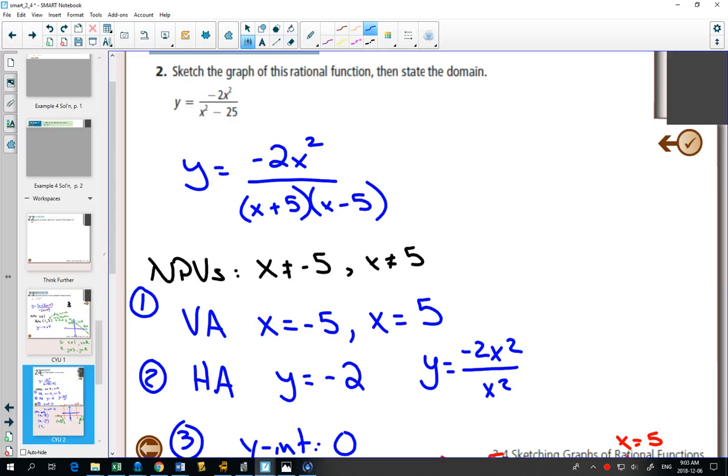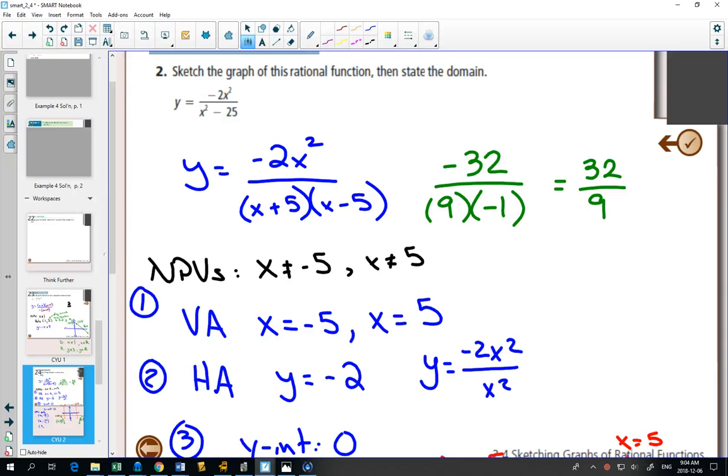If I plug in +4, can you see that 4 squared is 16 times 2? In my numerator, I'll get -32. 4 plus 5 will be 9. 4 minus 5 will be -1. I will get -32 over 9, which is... +32 over 9.